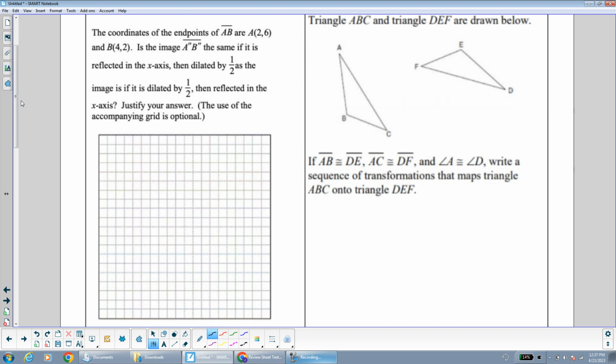Okay, so for number 9, which is not really number 9, let me graph this out. So let me make my coordinate grid over here. Okay, so I have 2, 6. That's point A. And B is 4, 2.